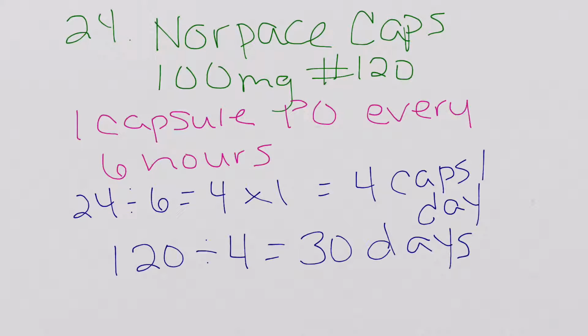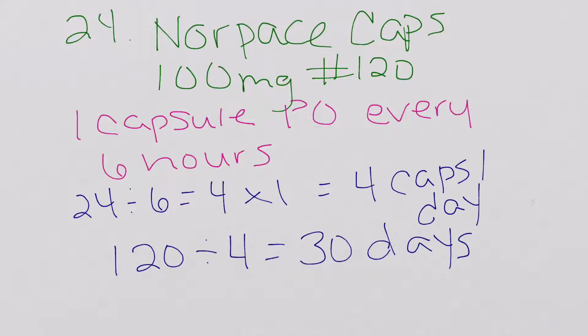Number 24 is Norpace capsules. They're 100 milligrams, and the quantity is for 120. Now, it's telling us that they need to take 1 capsule by mouth every 6 hours. There's 24 hours in a day, so to figure out how many times they're taking it a day, for every 6 hours, you would just take 24 divided by 6, and that's 4.